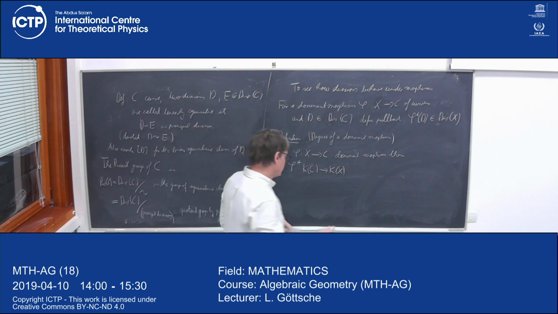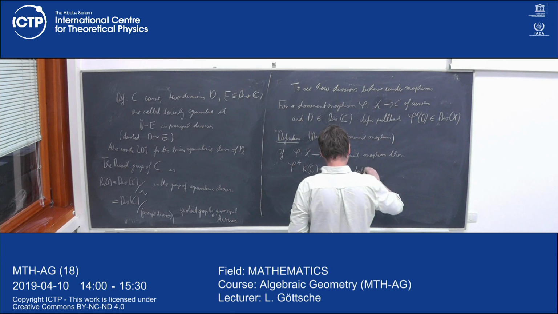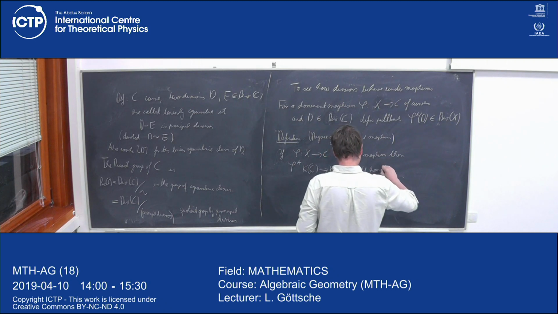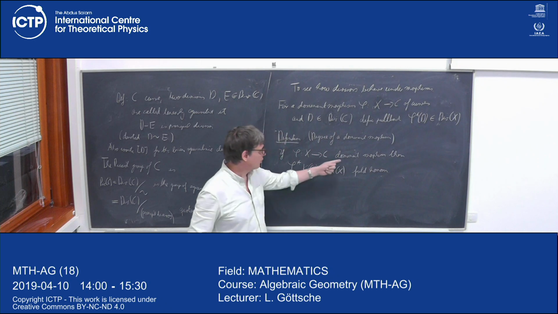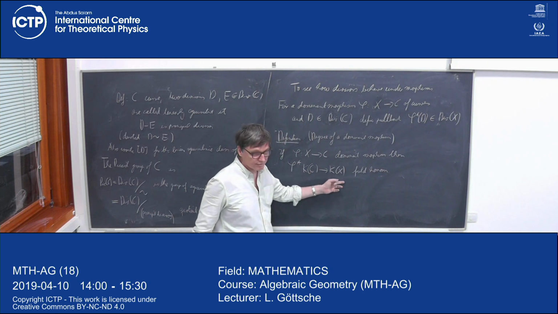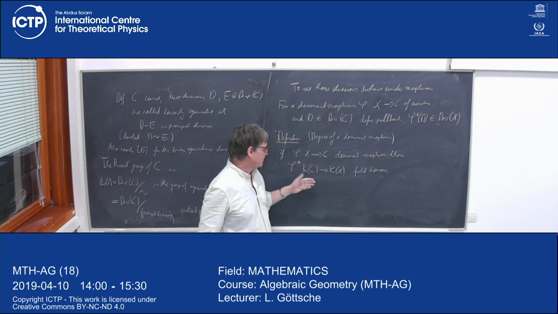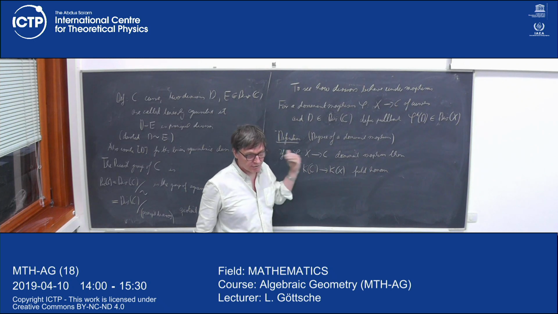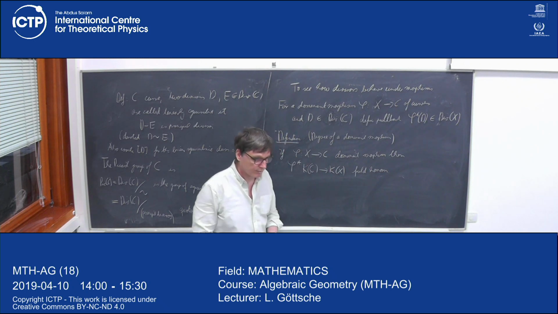Easy. And the fact that this is dominant means that this is not the zero field homomorphism. Homomorphisms of fields are either zero or injective. So this is an injective field homomorphism.